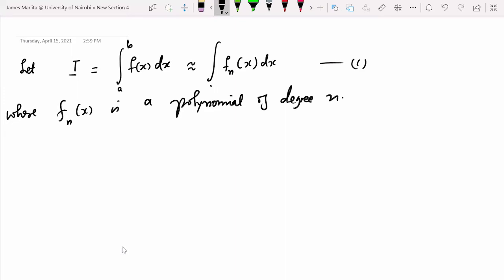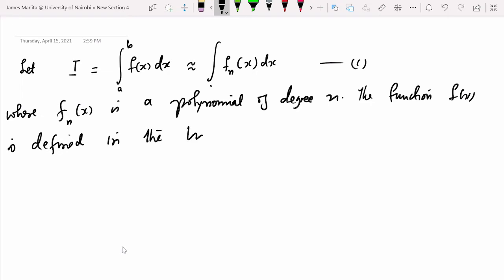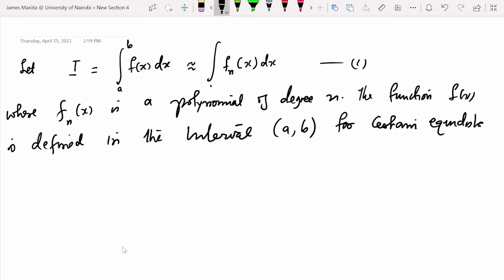And the function f(x) is defined in the open interval (a, b), for certain equidistant values of x.